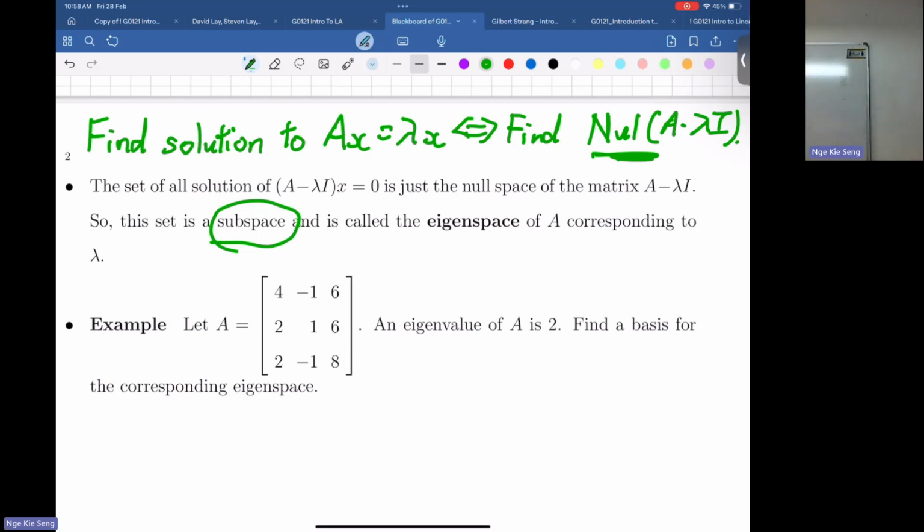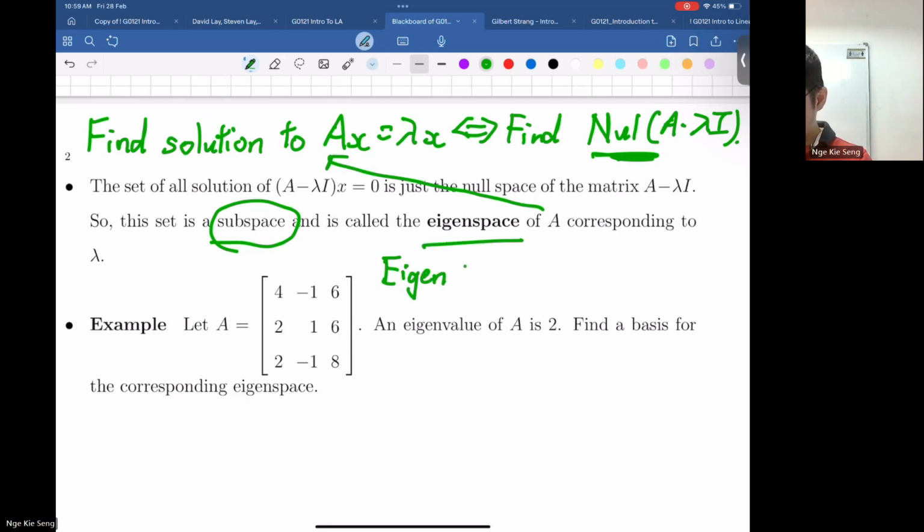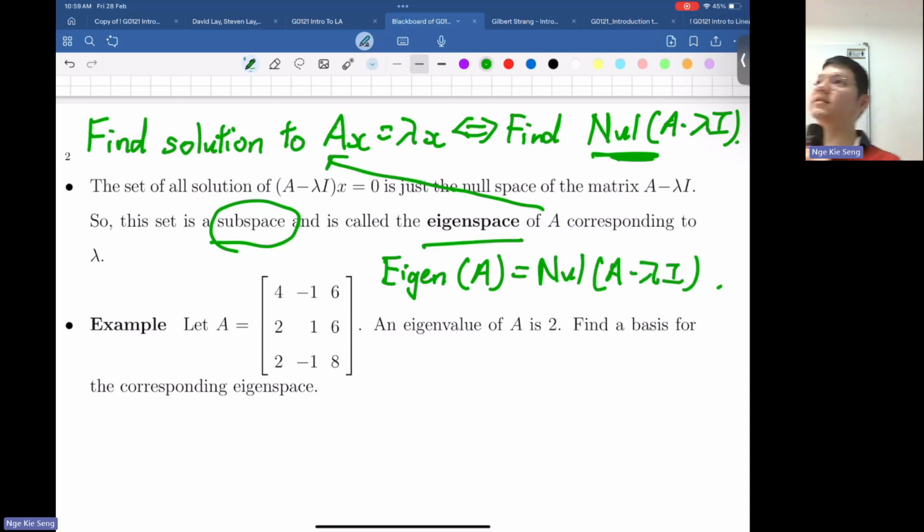Okay? And then we call this space our eigenspace also. But this eigenspace is not the eigenspace for A minus lambda I. It's the eigenspace for A, such that Ax equals lambda x. So in other words, I can write the eigenspace of A equals the null space of A minus lambda I. Okay, so this is the subtlety.